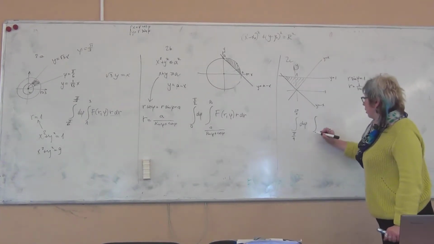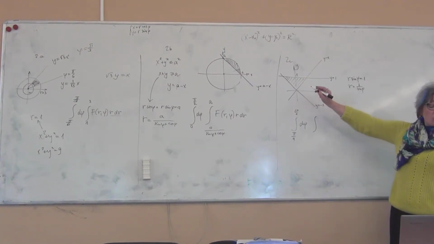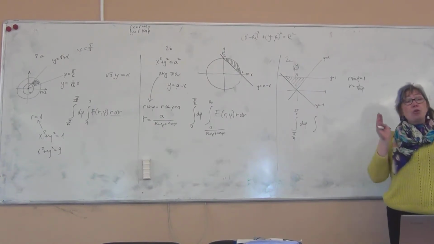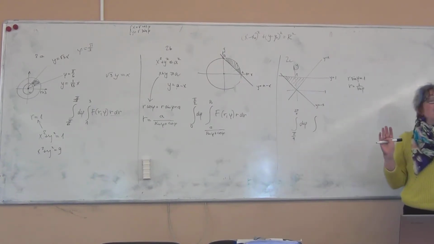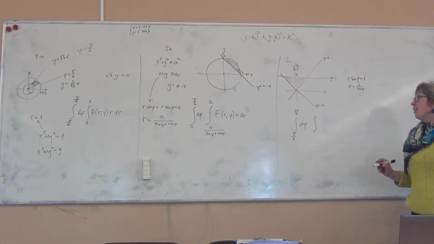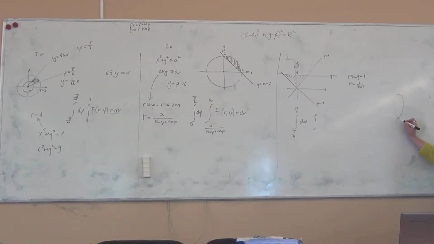So the lower boundary is what? 0, because if you remember, two days ago I showed you those 4 basic types of polar regions of integration. And this was the situation where we have a point coinciding with the pole, and then we have 2 tangents at the same point, and then we can see the angles.